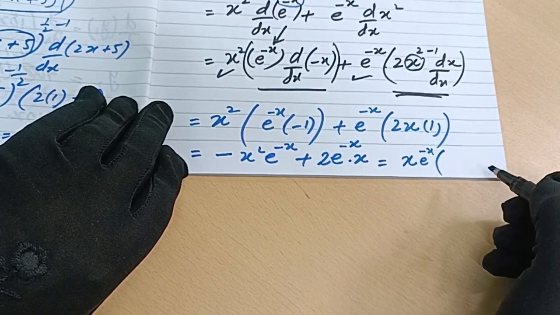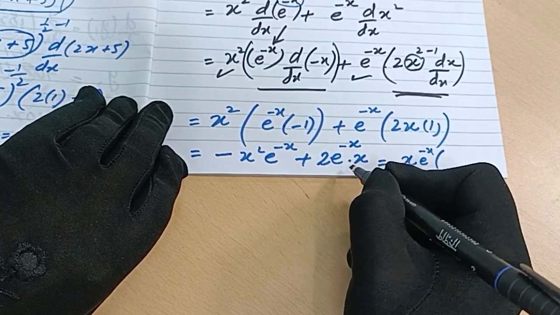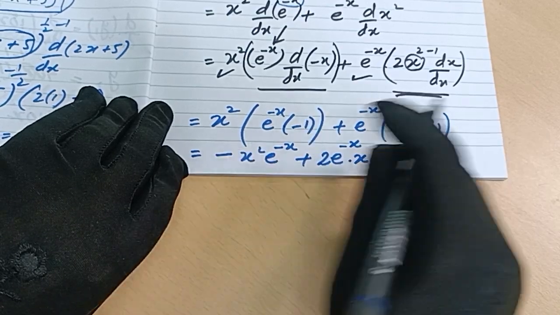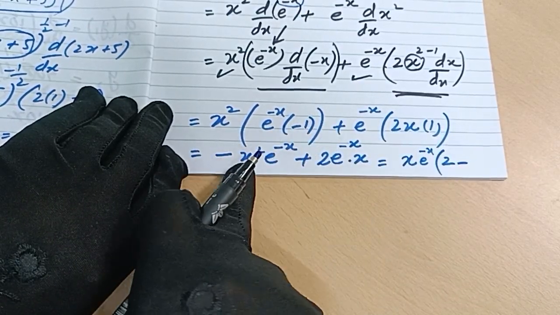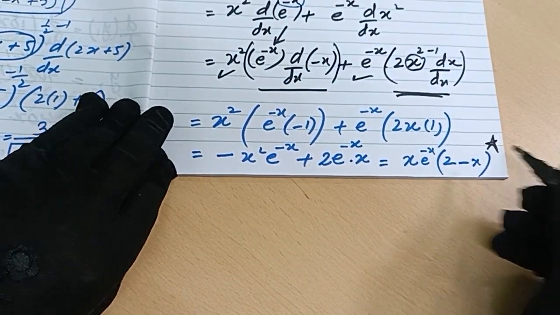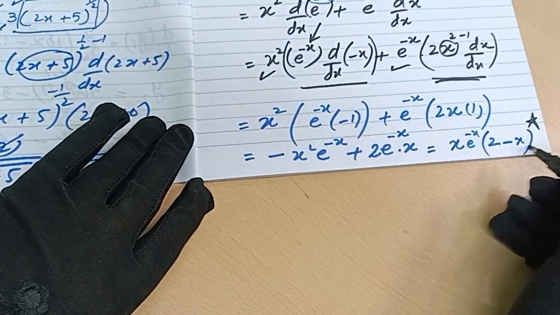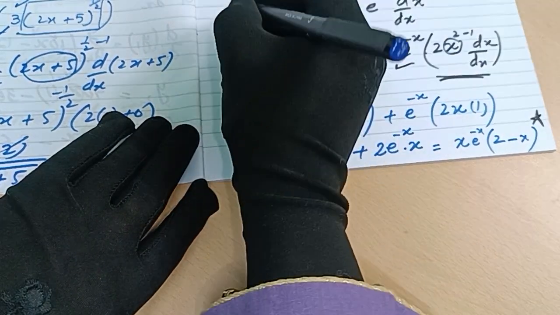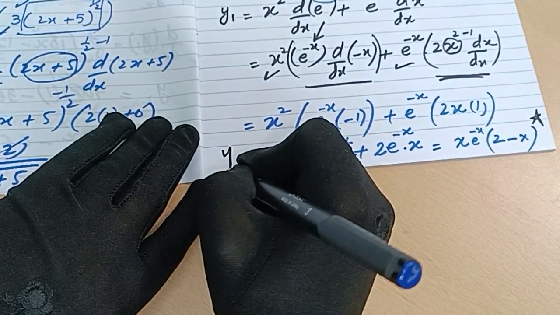So it can be written with the positive term 2 first, but first the negative term minus x square, and x is left over here. So this can be as it is, or you can change the formation also. Your first derivative y1 is done.